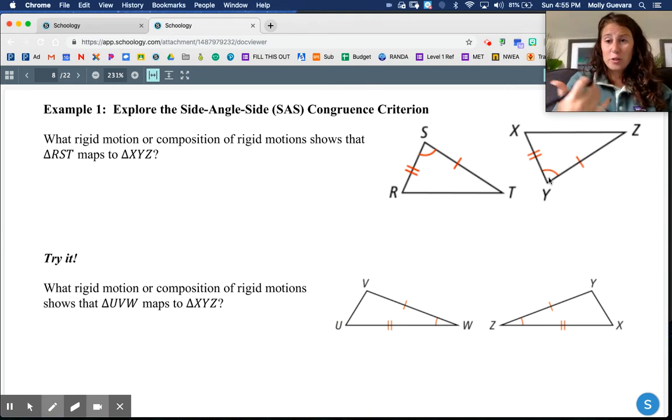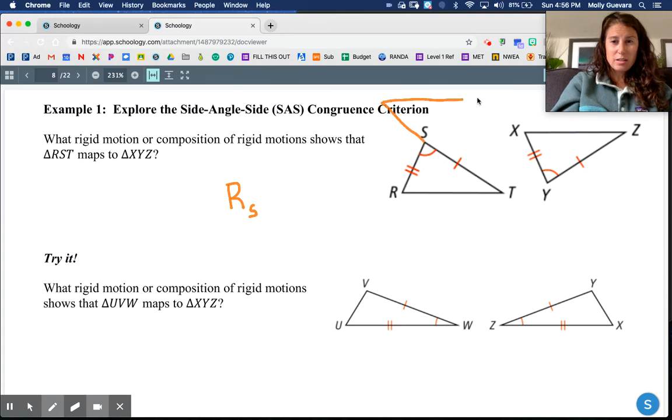But kind of the first way that I see is that, hey, I want this angle that I know to be pointing down. So I'm going to need to reflect this triangle. So I'm going to reflect over point S. And what that's going to give me, more or less, is that, right? And this is R, this is T. So more or less, it's going to give me that.